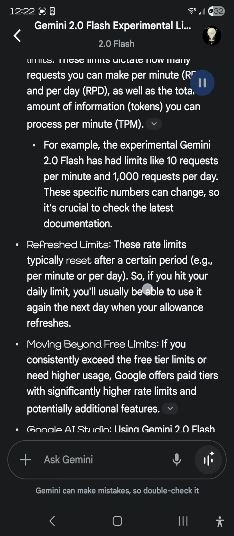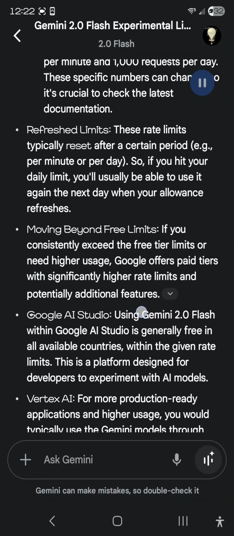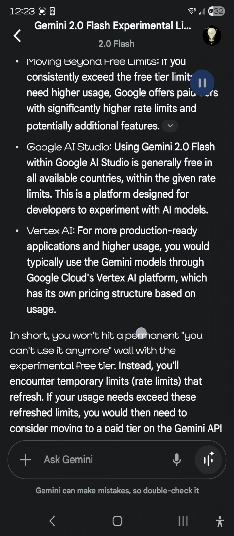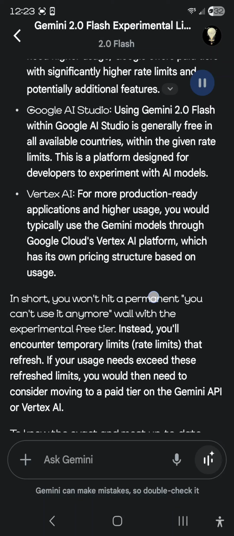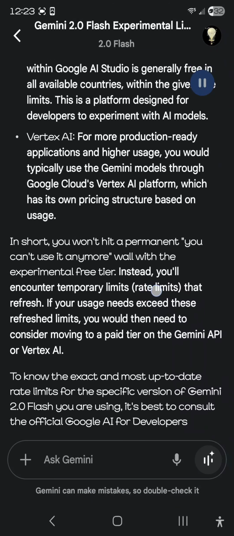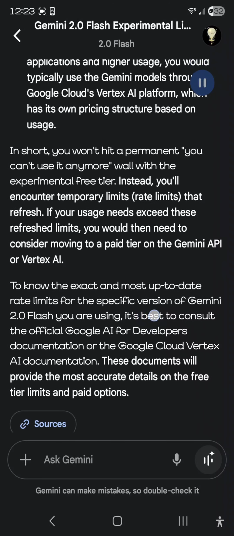Refresh limits. These rate limits typically reset after a certain period, for example per minute or per day. So if you hit your daily limit, you'll usually be able to use it again the next day when your allowance refreshes. Moving beyond free limits. If you consistently exceed the free tier limits or need higher usage, Google offers paid tiers with significantly higher rate limits and potentially additional features. Google AI Studio.